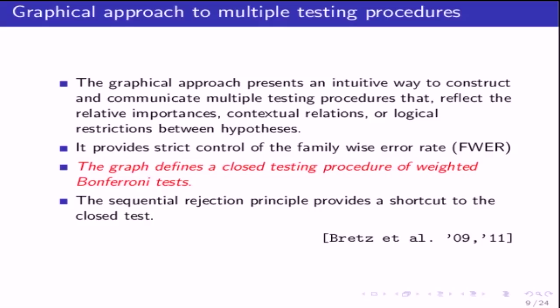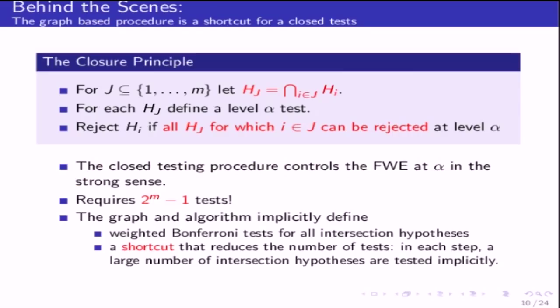So in the background, you have the full closed test, but you don't have to take care how the tests for all the intersection hypotheses are defined. So this graph-based method, which is based on the sequential rejection principle, provides you a shortcut to the closed test. So have a look at the paper of Frank and colleagues, where it's really very nicely explained.